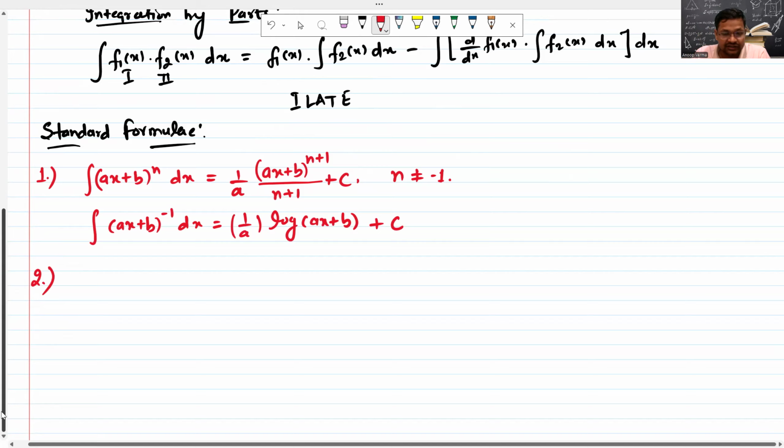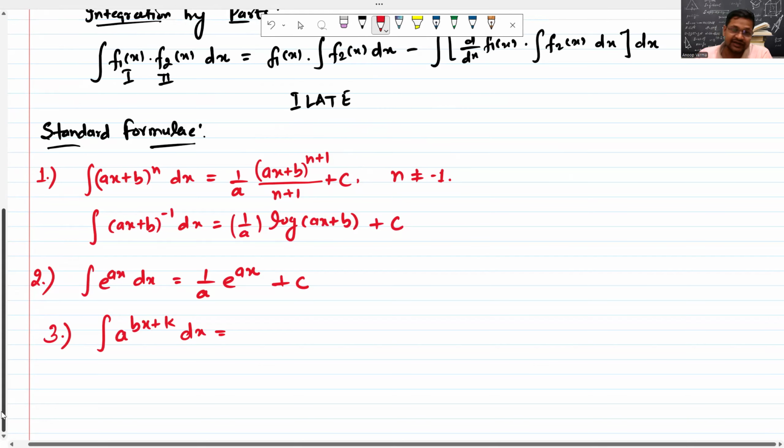Second formula is what? Integration of e to power ax dx is just equal to 1 upon a e to power ax plus some constant c. Number three, integration of a to power (bx plus k). I'm writing bx plus k because we are using c as the integration constant.